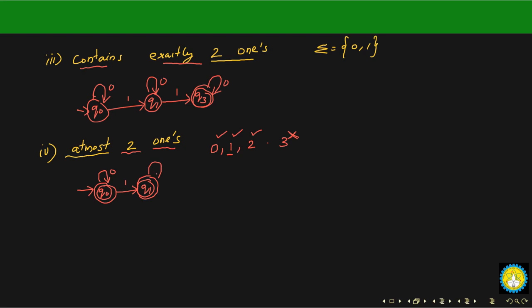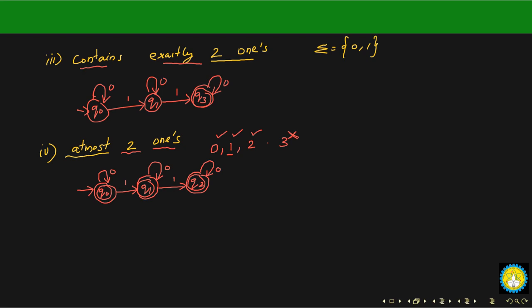Now you can have any number of zeros, and from there if you see again a 1, this also has to be accepted. Whenever you are at Q2, you have seen exactly 2 ones, so that also has to be accepted. From here you can keep on seeing any number of zeros. But if you start seeing a 1 from here, then it should not be accepted.